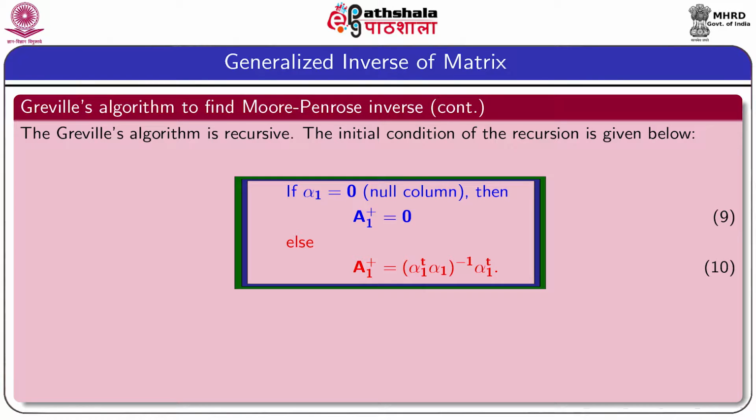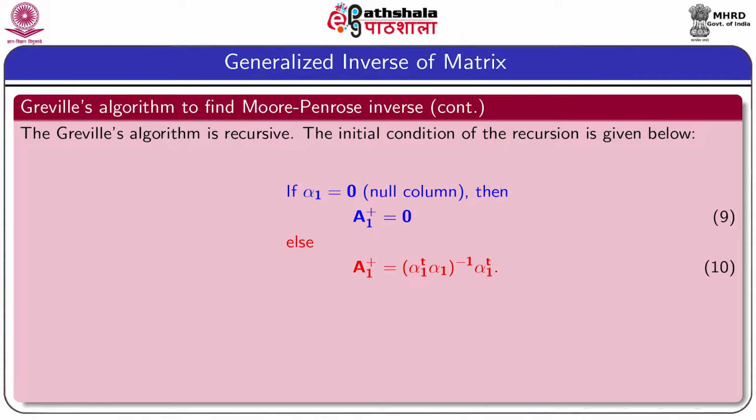A1 plus is the pseudoinverse of the submatrix obtained from the matrix A by considering only the first column. Otherwise, A1 plus equal to alpha 1 transpose into alpha 1 whole inverse into alpha 1 transpose. So, this is the initial condition for Greville's algorithm to find the inverse of the matrix A.